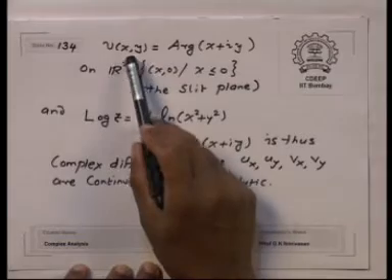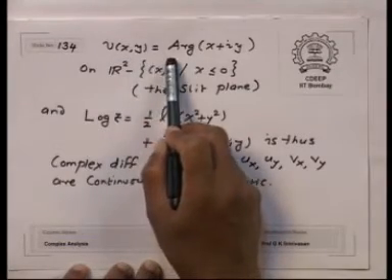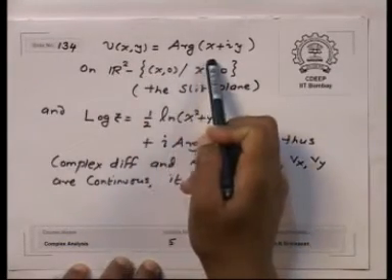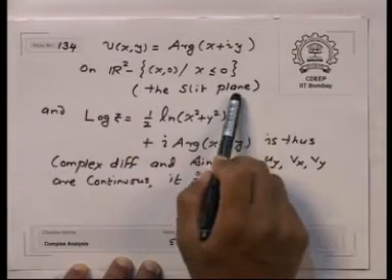That's an analytic function. We just described that analytic function, correct? In other words, V of x, y equal to capital Arg (x plus iy). This is the harmonic conjugate in this domain, the slit plane.